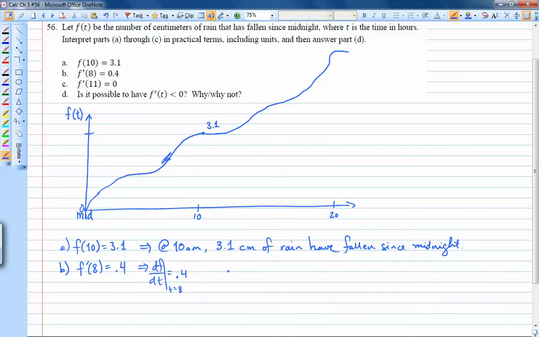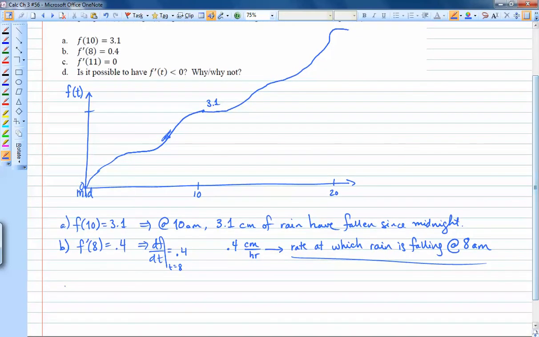So that 0.4 is in centimeters per hour. And it's an instantaneous rate of the rain that's falling. So this is actually the rate at which rain is falling at t equals 8, which is 8 a.m. Right? It's an instantaneous rate of change of rain falling at 8 a.m. So that means the rate that rain is falling at 8.